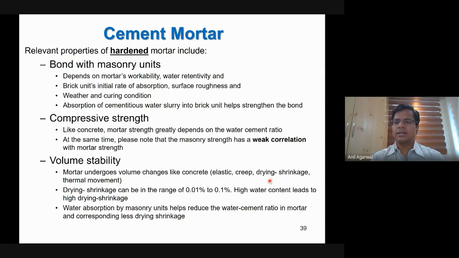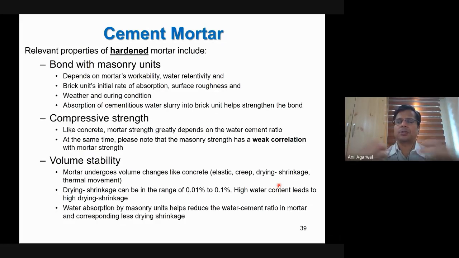The third one, the most important one here, is drying shrinkage. Again, whenever cement is involved, there is the hydration process that I have just talked about. Before the hydration process starts, there are tiny droplets of water in the mixture. When the hydration starts, this water is consumed chemically by cement.